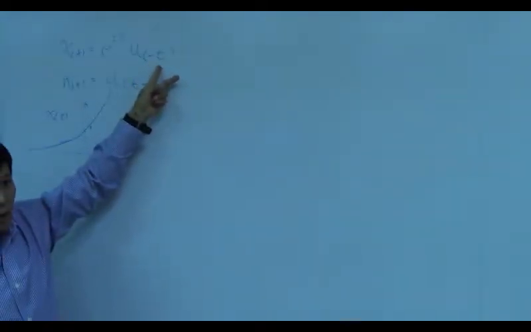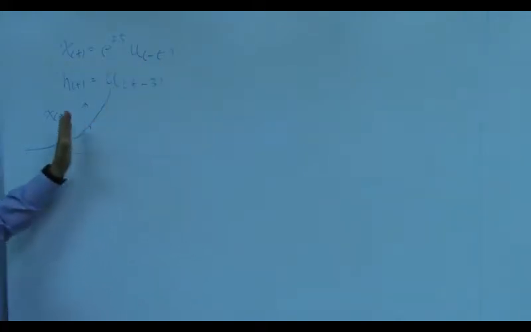But u(negative t) only takes the left half plane. So that means this part will be gone. We only have this one, after this is 1. So that is the x(tau). Any questions on this? So good.